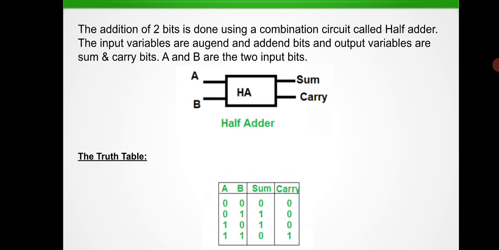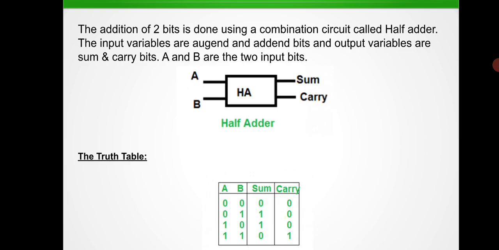Whenever you have variables, there will be the concept of input as well as output, isn't it? So when you talk about variables, definitely you will have some inputs to a particular circuit, and ultimately you are expecting some output. But in the half adder concept, they have gone for augend and addend as the input bits, and the output variables are sum and carry.